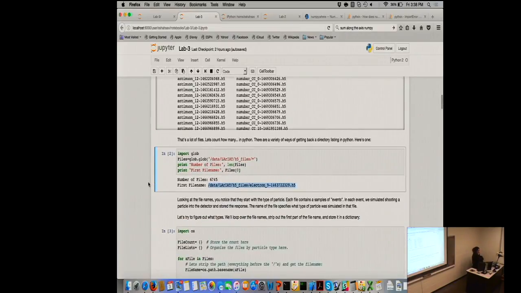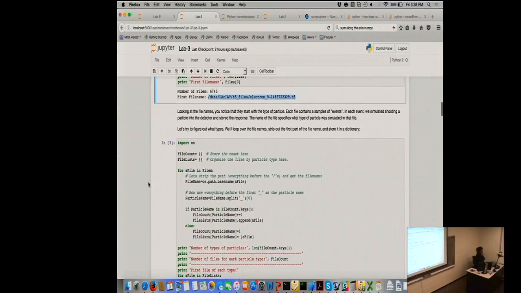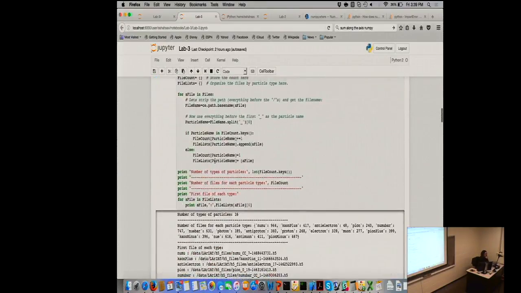Then I just want to say, okay, so we have 6,005 files with different names, which specify the particle whose information is inside the file. So we should get the name and tell that the information inside this file is this particle.